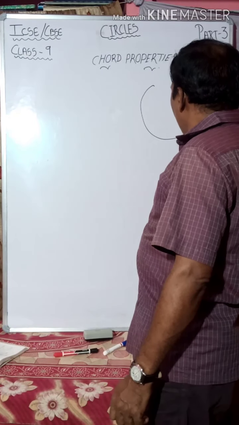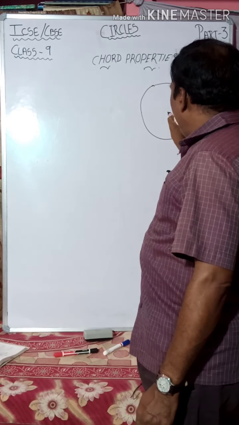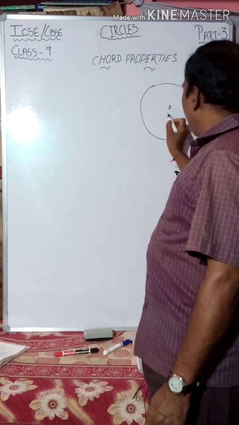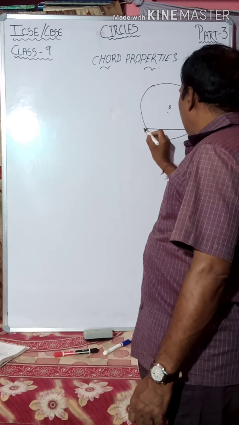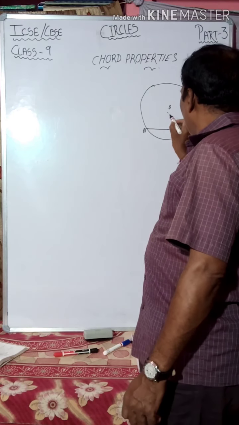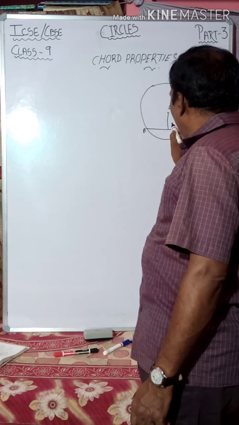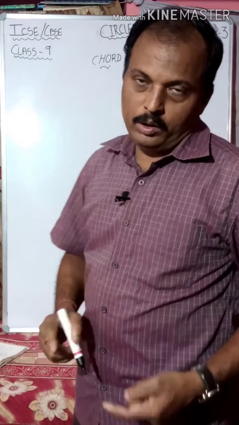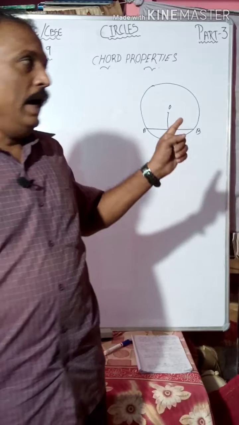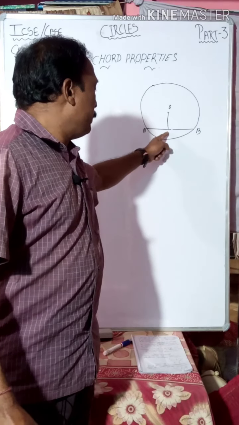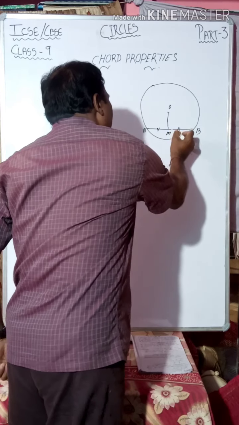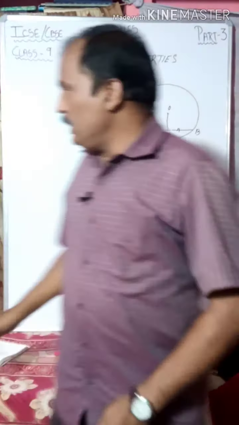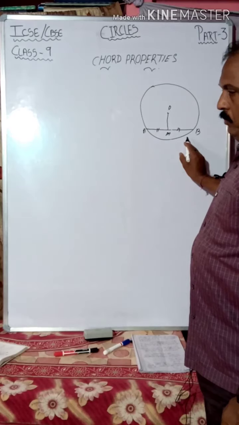If a line joining from the center to the midpoint of the chord, it is perpendicular to the chord. Our first theorem was: a line joining from the center to the midpoint of the chord is perpendicular to the chord.